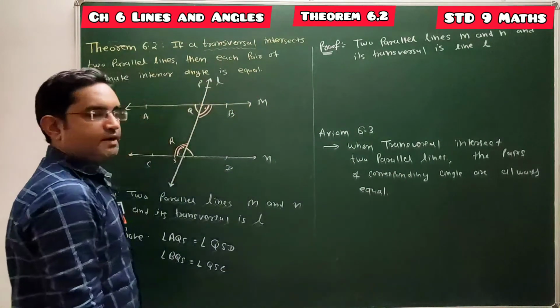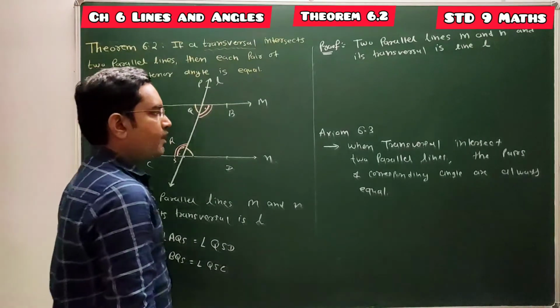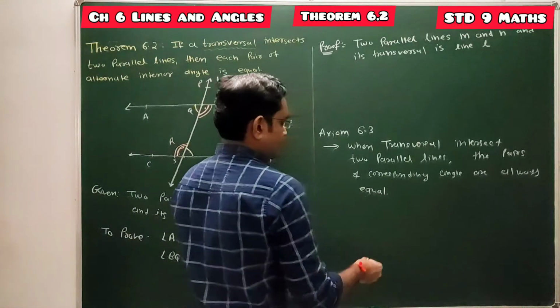Two pairs are there. Done. So when a transversal intersects two parallel lines, the pairs of corresponding angles are always equal.